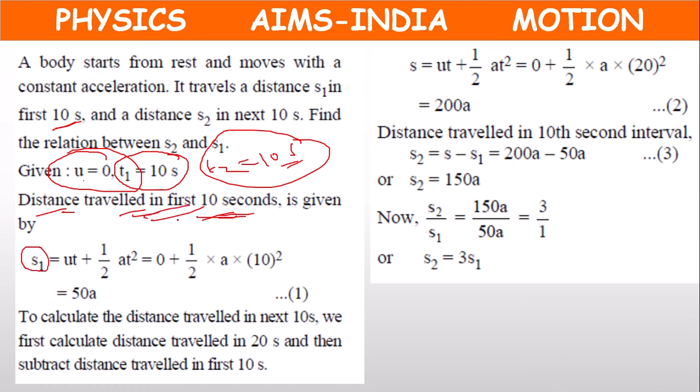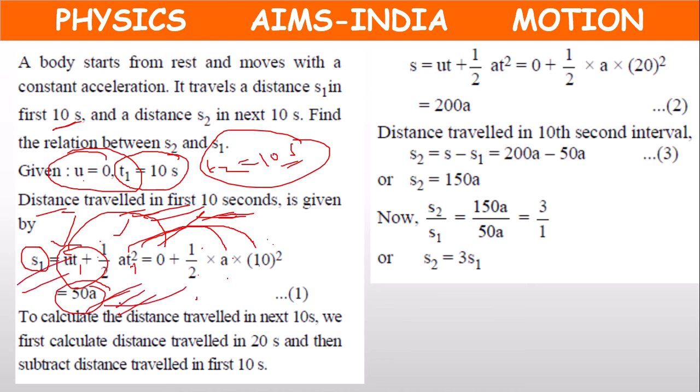The formula is given by ut plus half at square, or ut1 plus half at1 square. u value is 0, 0 into T1 will become 0. Half into, let's keep a as it is, T1 square means 10 square, 10 square will become 100. Half times 100 is 50, 50 into a, 50a. We will get S1 value 50a.